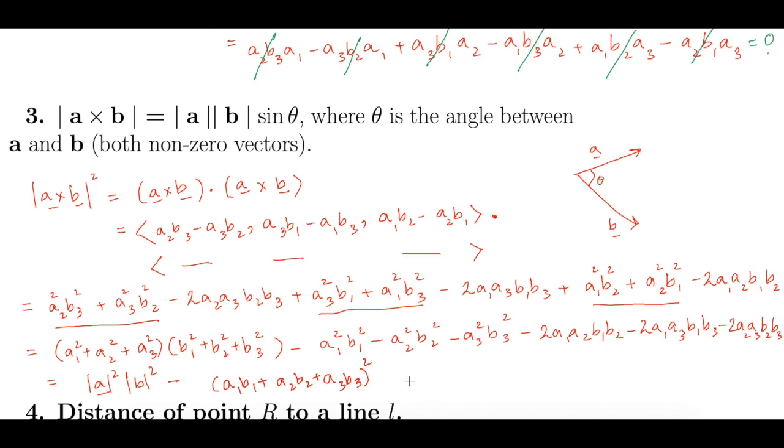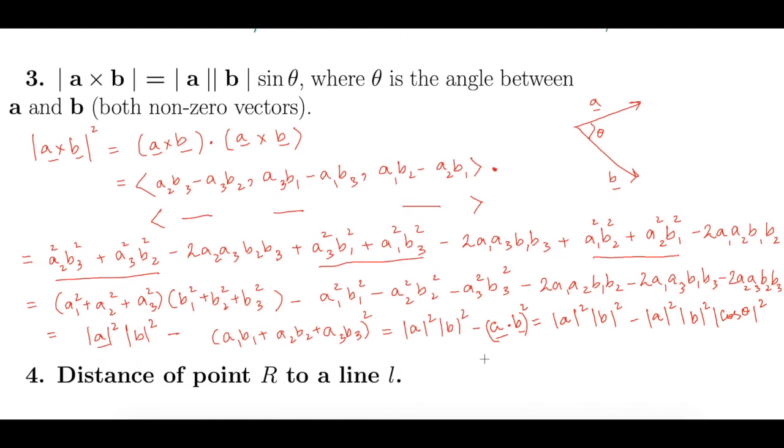Okay, so then this is the scalar product of A and B, so I can write it as A squared B squared minus A squared B squared cos squared theta. The modulus sign is not necessary, but we put it because it does not make a difference.